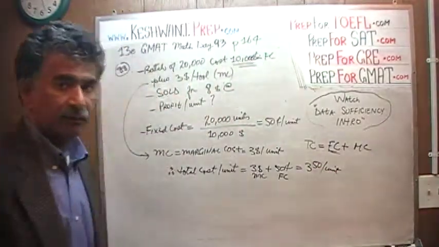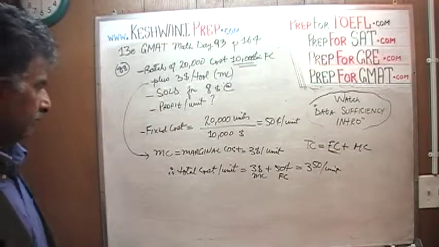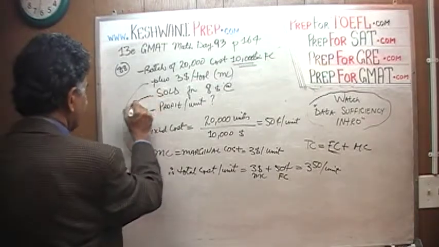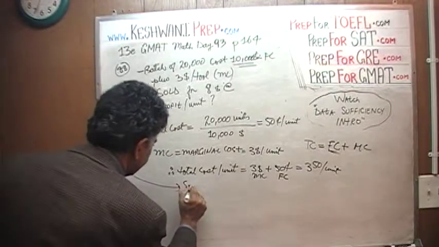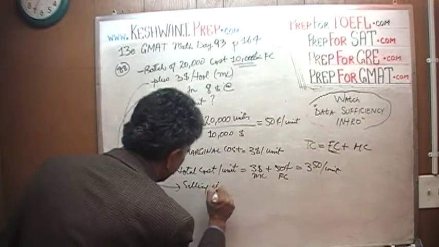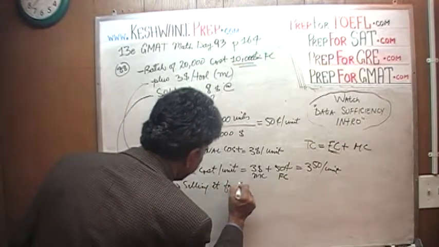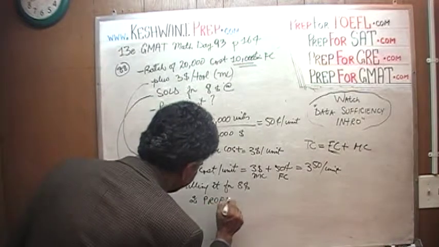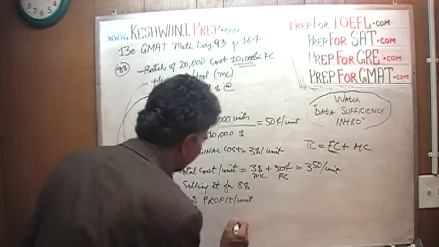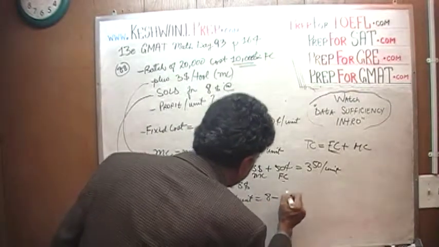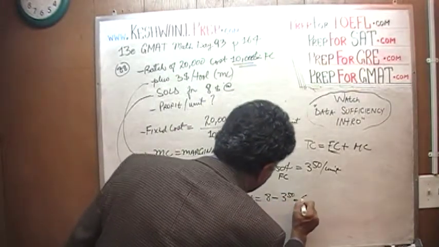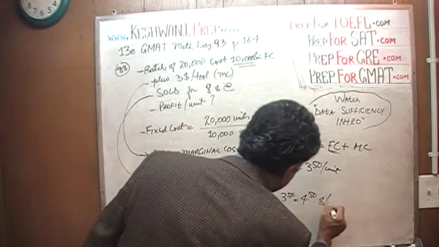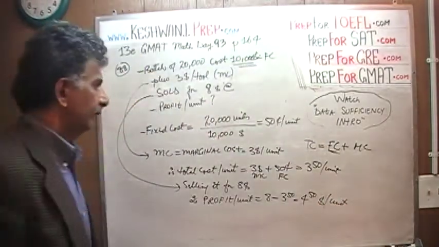That's your total cost per unit. We are selling it for $8. Therefore, the profit per unit must be $8 minus $3.50, which is $4.50 per unit. That's it.